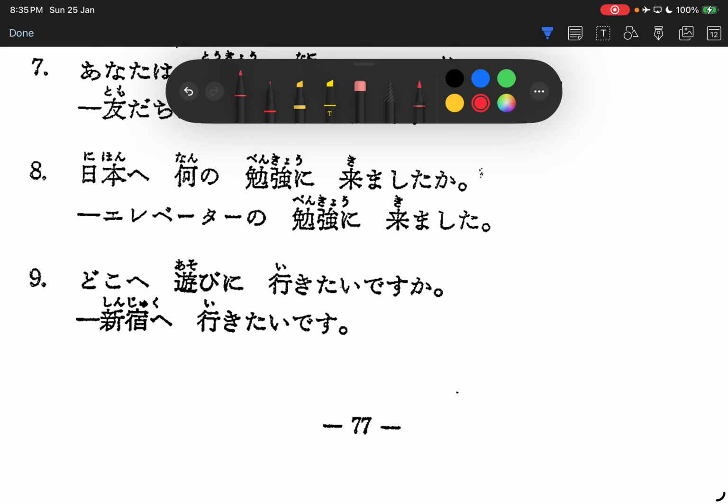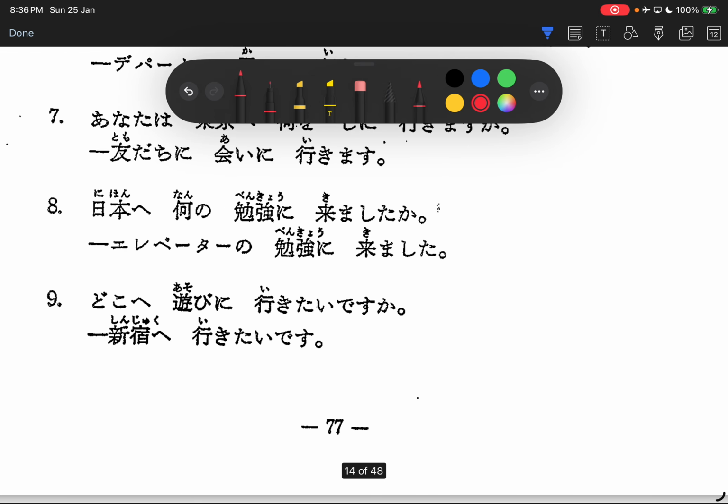In Chinese you will say 为了要玩而去哪里. Then 新宿へ行きたいです. To 新宿 I want to go.